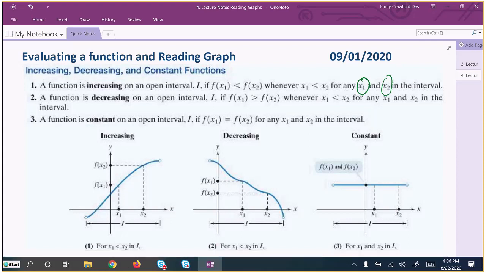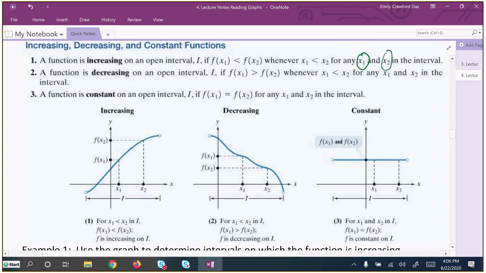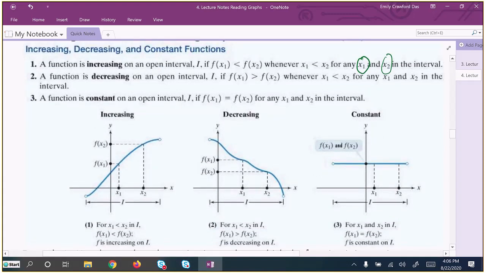So we can look at this first picture here to understand what it's saying. Let's say we have an interval. This is the interval. And over that entire interval, no matter which 2 points I choose, so let's just say I've randomly chosen these 2 points, but I could have chosen any 2 points, I could take this one and this one, for example.